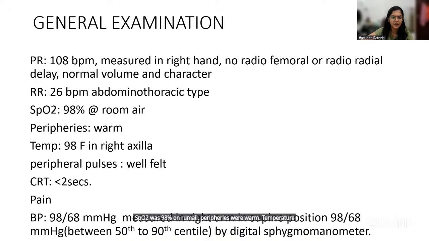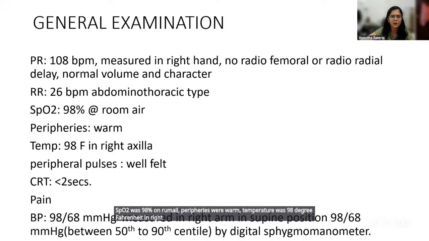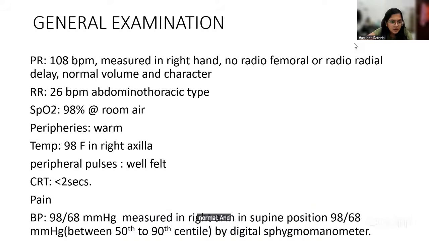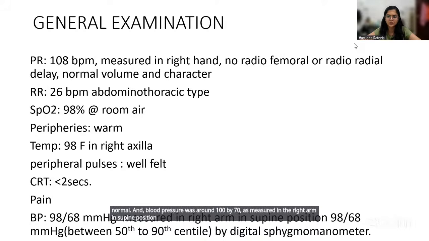Temperature was 98 degrees Fahrenheit in the right axilla. Peripheral pulses were well felt. CFT was less than 2 seconds. The pain score was normal. Blood pressure was around 100 by 70, measured in the right arm in supine position by digital sphygmomanometer, which is between the 50th to 90th centile.